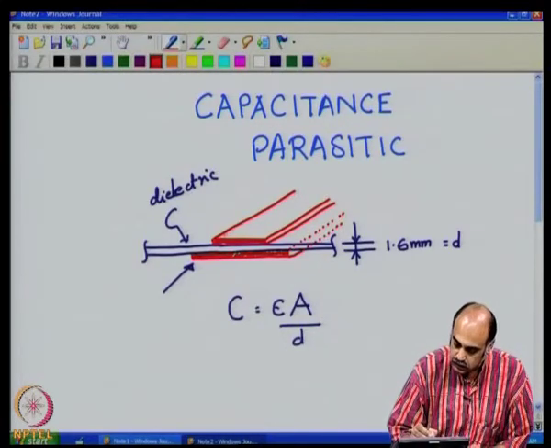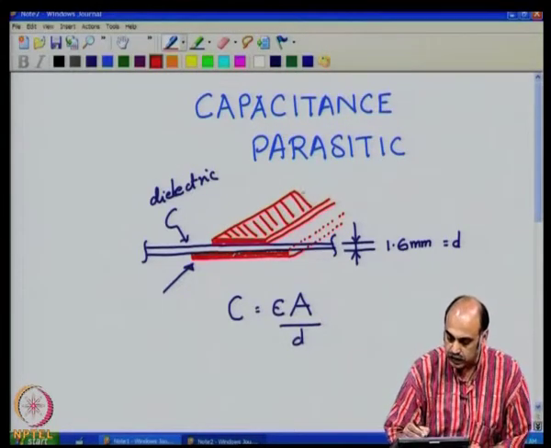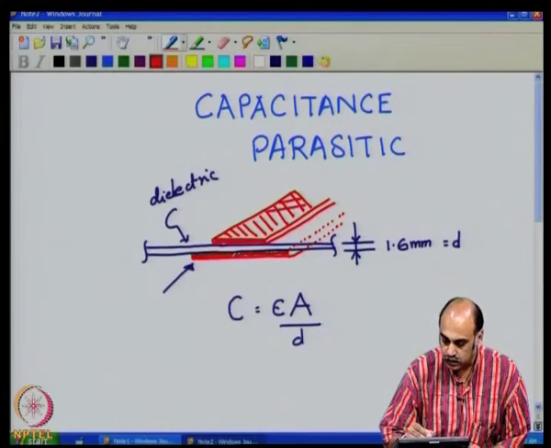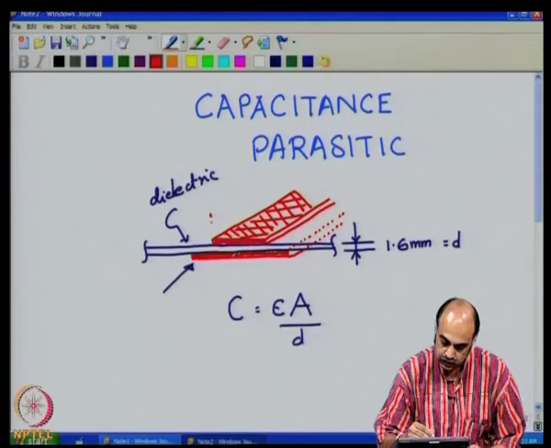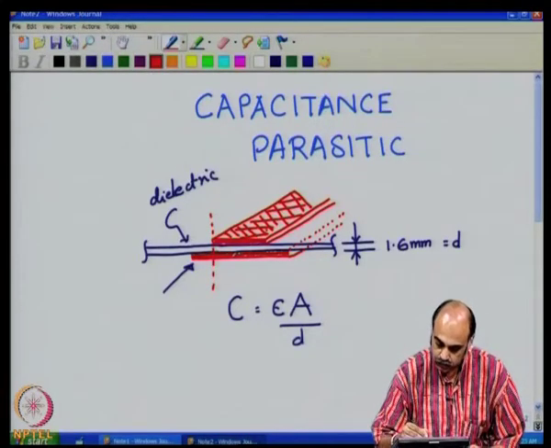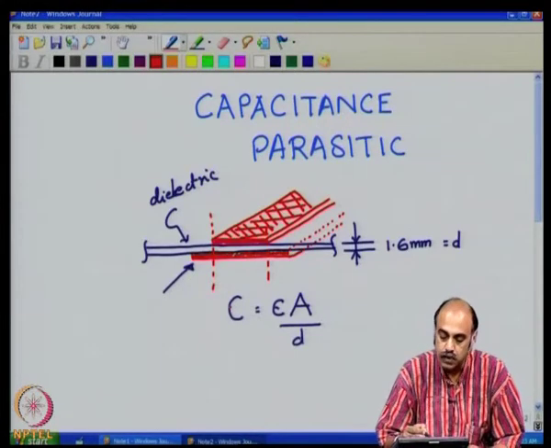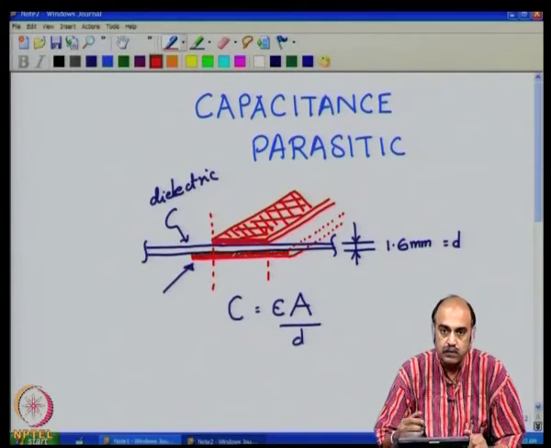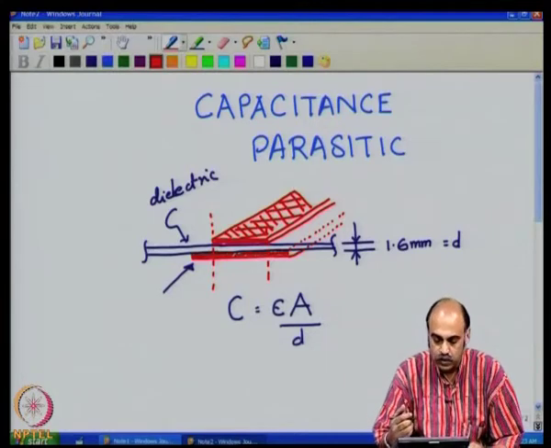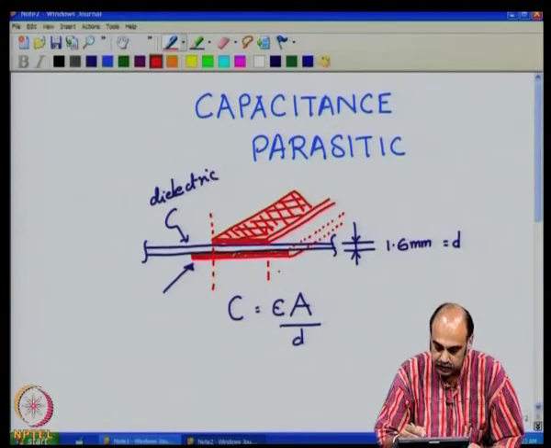Now, this is the smaller of the track, and therefore, this area to whatever length is the area that is common to both the tracks. And now, these two common areas are the ones which will act like the two plates of a parallel plate capacitance.